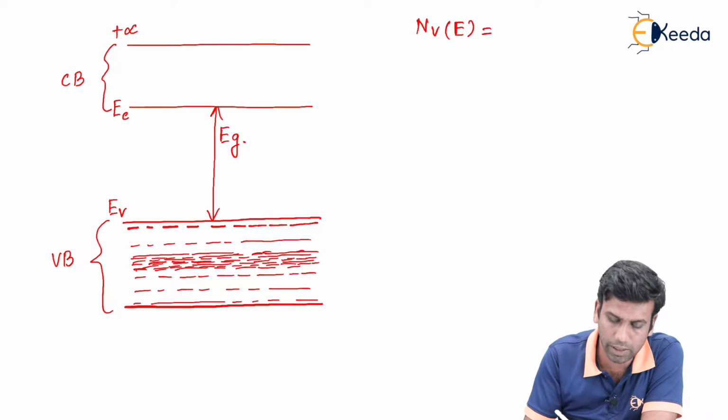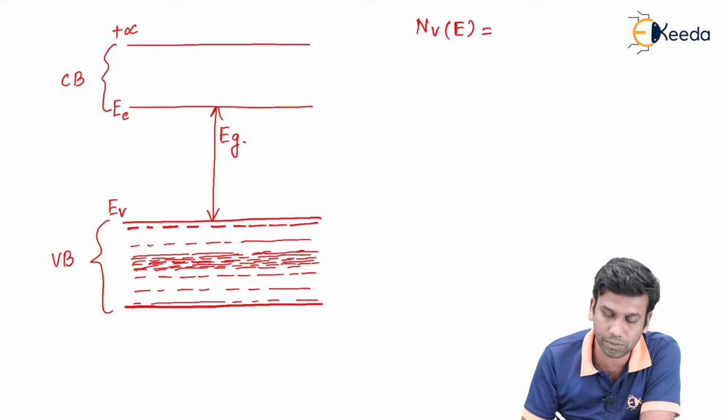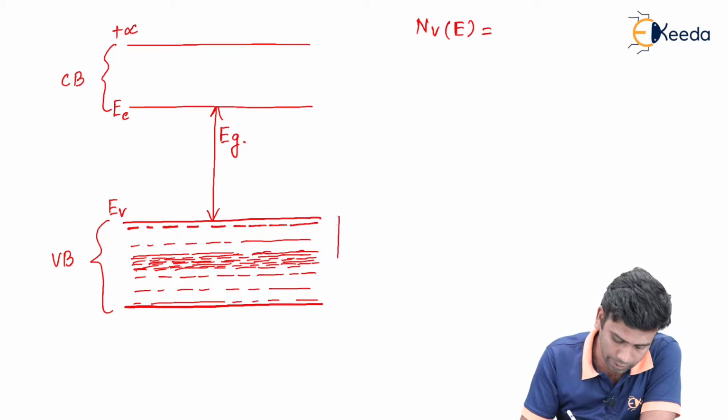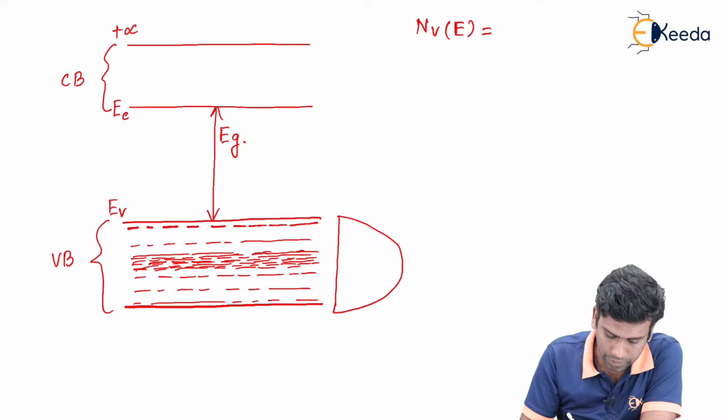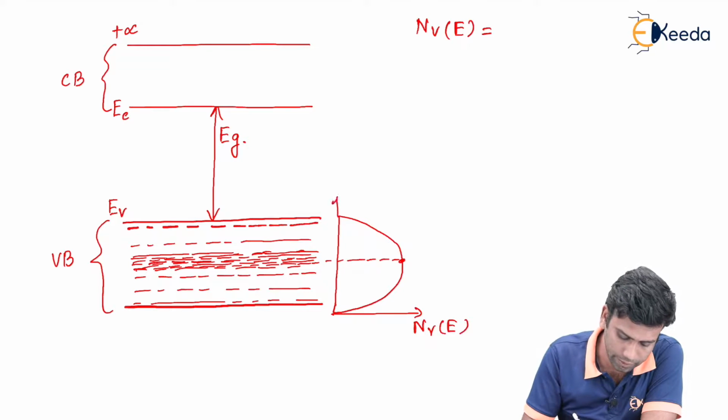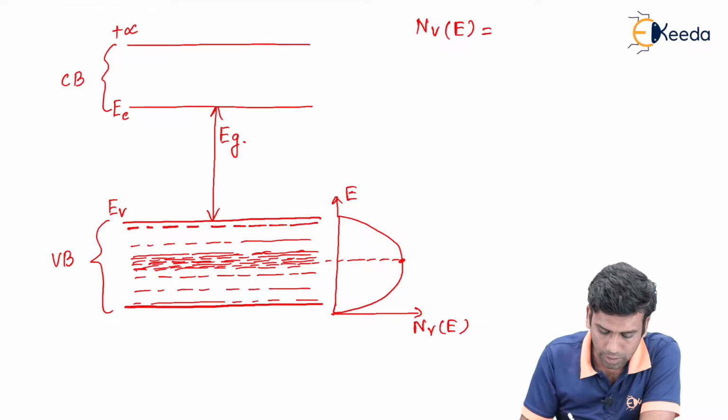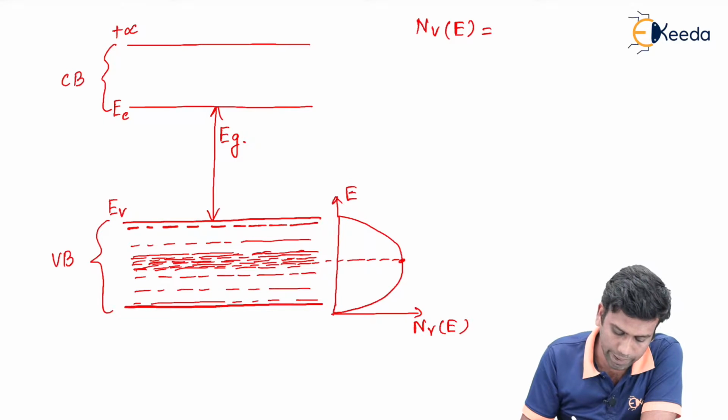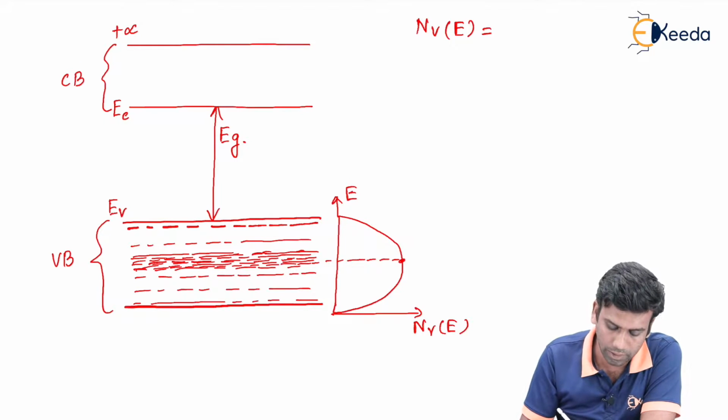If we plot the NV(E) value with respect to energy, it will look like this one, where in the middle the NV(E) value is very high, and as we move towards the band edge, we get a low value of NV(E).